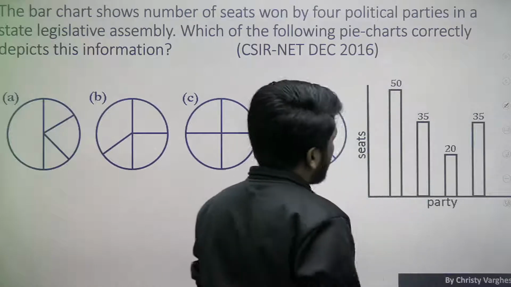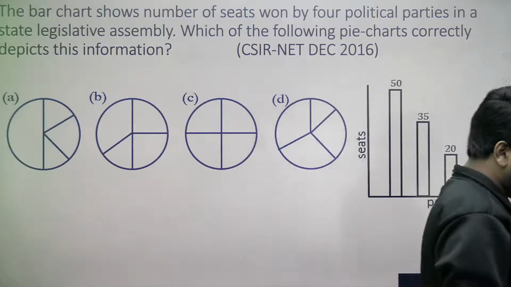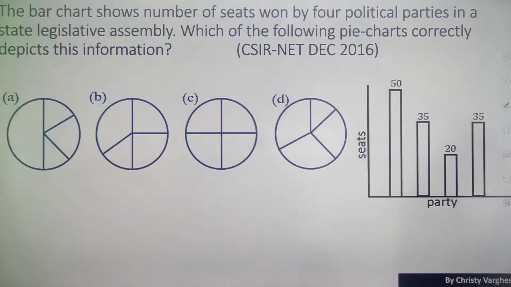This is a question where bar chart is connected to pie chart. In questions where multiple data representation tools are there, connect the graphs correctly or properly. So try this, all of you. December 2016 problem.